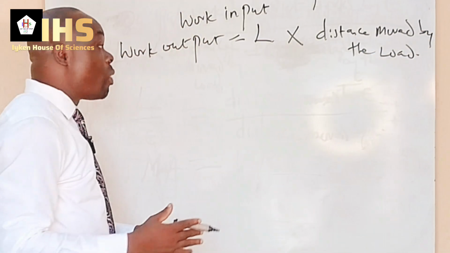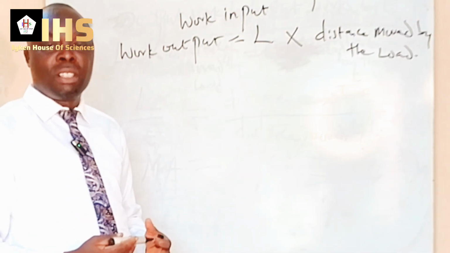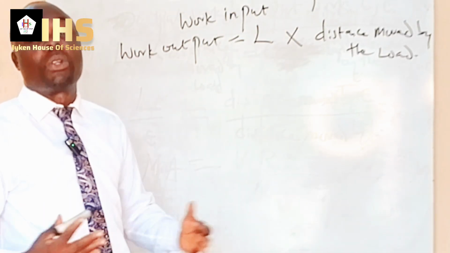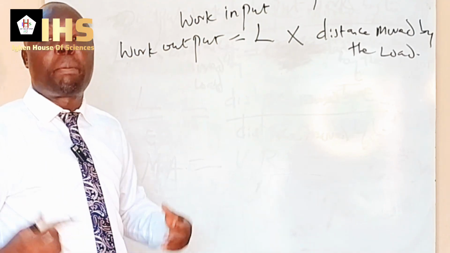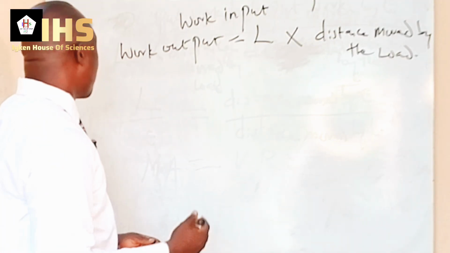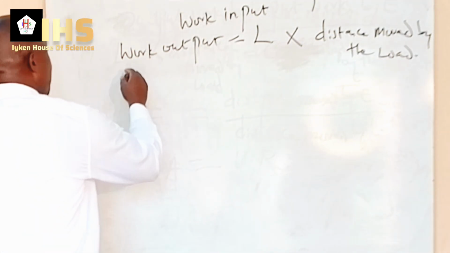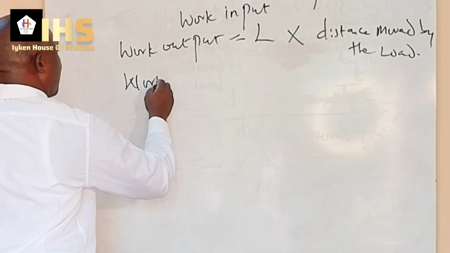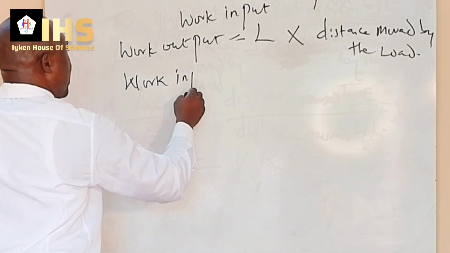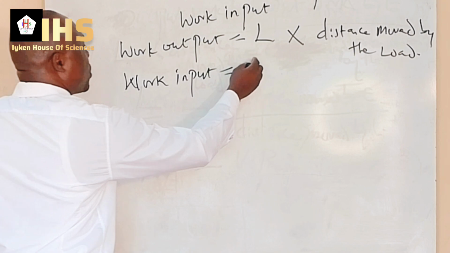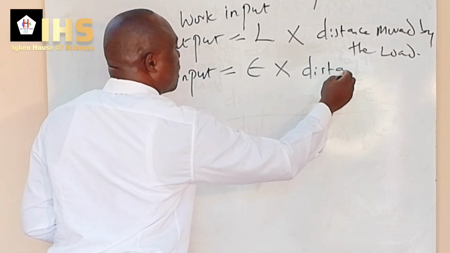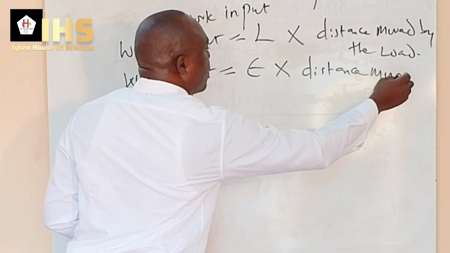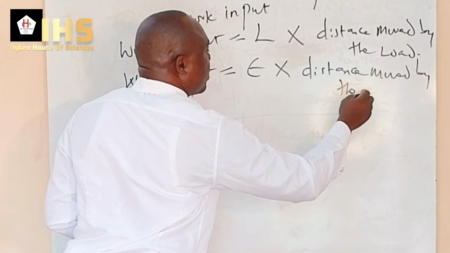That is what we call the work output. That is the work the machine has done. Then the work input is the work the person supplied on the machine. The work input is equal to the effort multiplied by the distance moved by the effort.